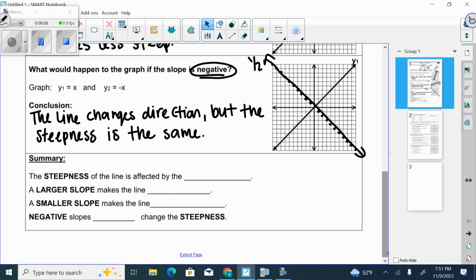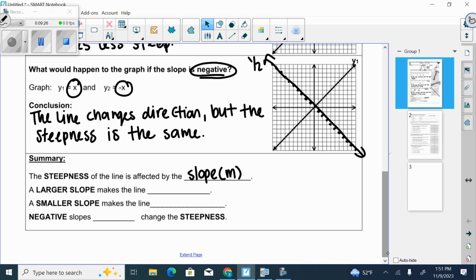Alright, so our summary here would be that our steepness is not affected by whether or not we have a positive or negative. It's affected by the number in front of x, which is what we call the slope. Or, remember in our equation, that's the letter m.